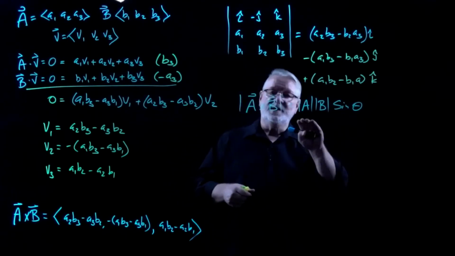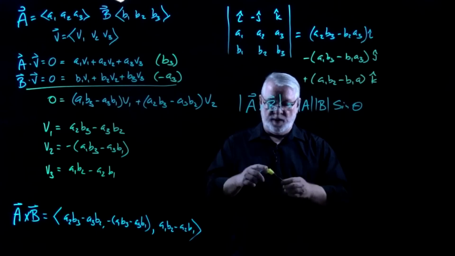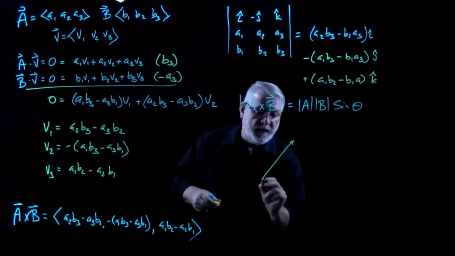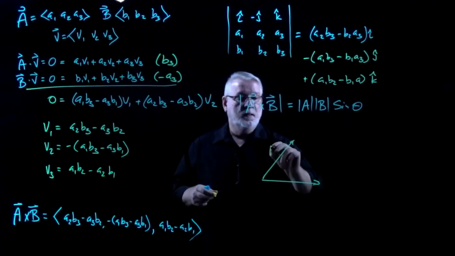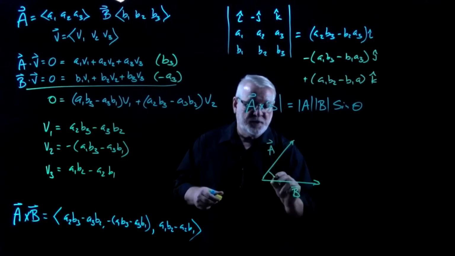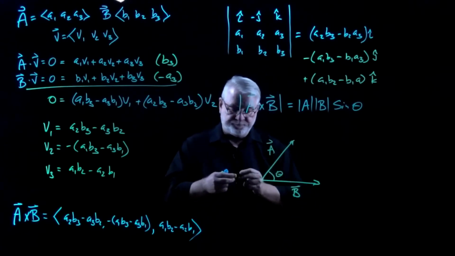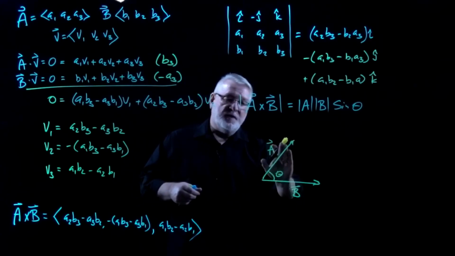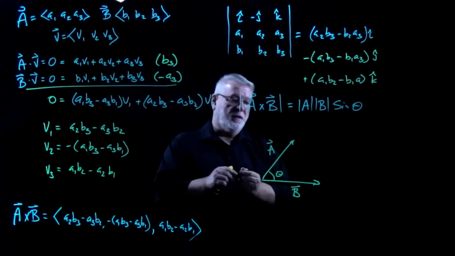But what about its magnitude? Well, let me show you that. If I draw a vector A and B in a plane, and I put the angle between them, it will form the corner of a parallelogram. Let's complete the parallelogram.